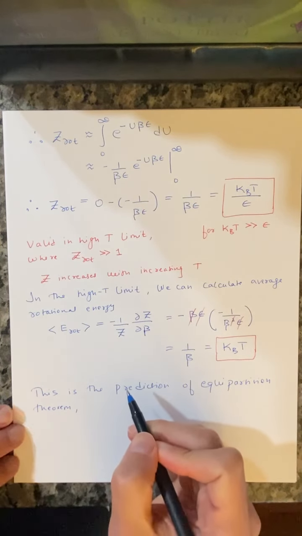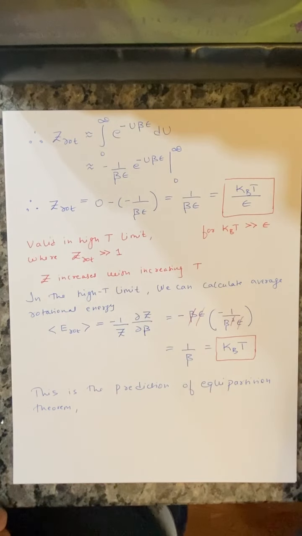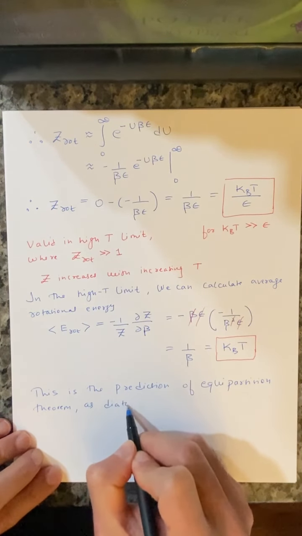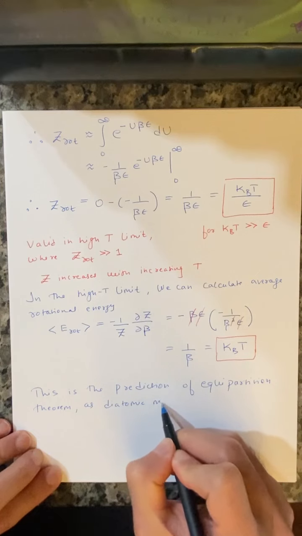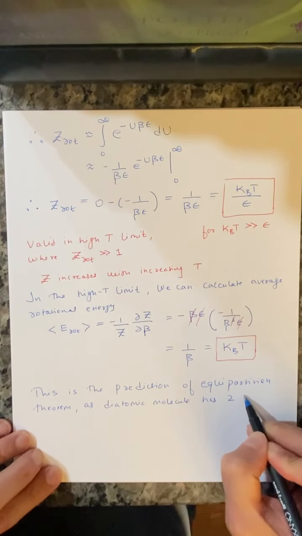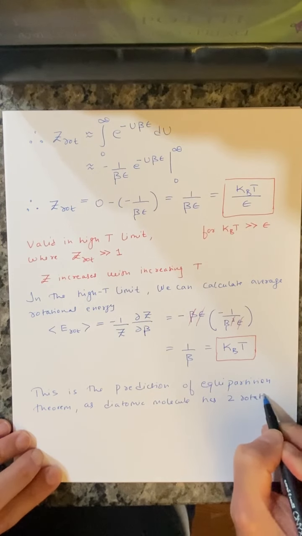Why? Think about it. I hope you all remember what we needed for calculating the average energy using the equipartition theorem. We always needed the rotational degrees of freedom. And in this case, a diatomic molecule has 2 rotational.